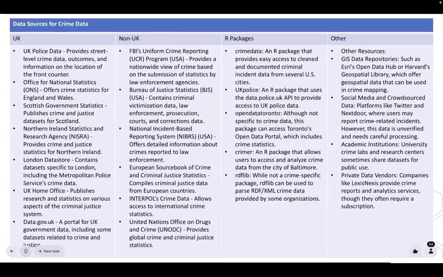You can just simply install a package and connect either an API or an open data portal, and you can pull that crime data straight into R. In tomorrow's workshop, we'll use the UK police data and we use shapefiles as well from the census. But yeah, this was just in case anyone wanted to go off and do their own exploration. These would be really good resources for you to find crime data.